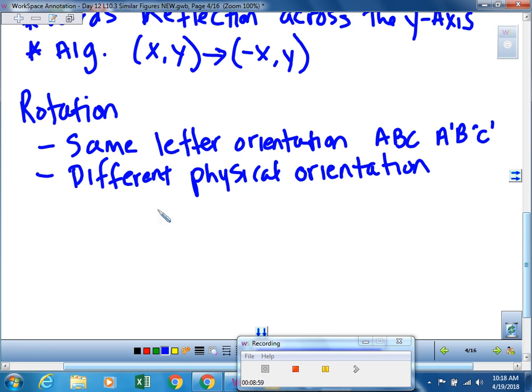So I'm going to draw a little different shape. I'm not going to draw the triangle. I'm going to draw a trapezoid. And it would look like this. Let me draw it again.